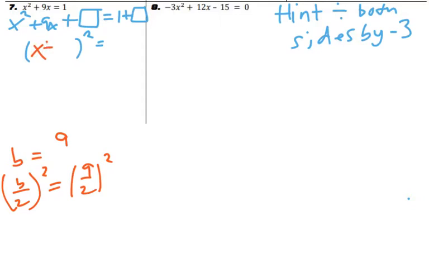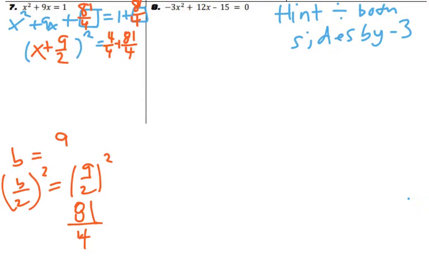So inside, I'm going to have x plus 9 over 2. And we said that 9 over 2 squared is 81 over 4. Shower the power, multiply or square 9 and square 2. So I'm going to have 81 over 4 in each of those boxes.